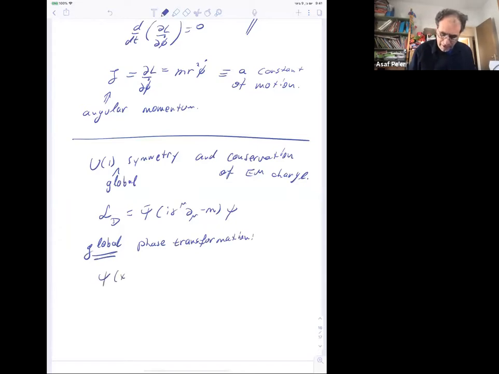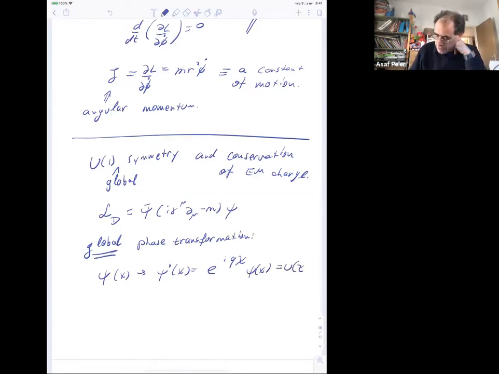Meaning that psi of x goes to psi prime of x, which is e^(iqχ) psi of x. This is a unitary matrix, a 1-by-1 matrix really, so it's U(χ) psi. Since it's a unitary matrix, I don't have to write it with Q times chi; I can simply write e^(iχ).